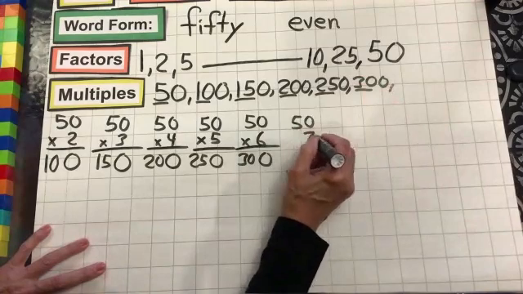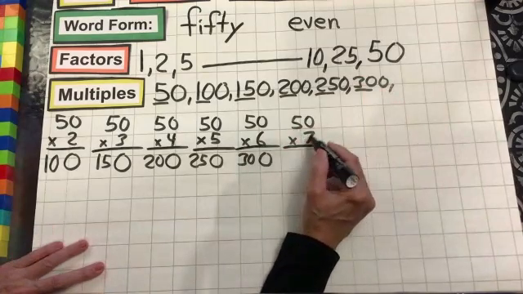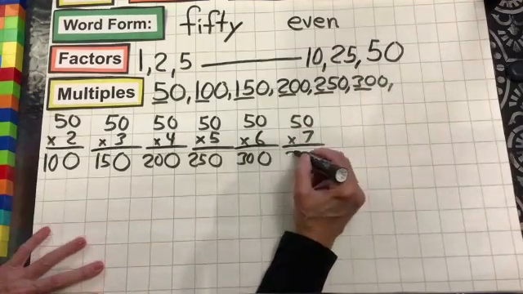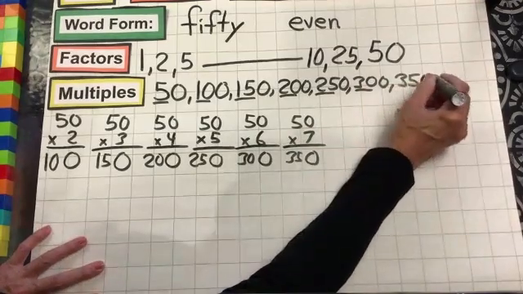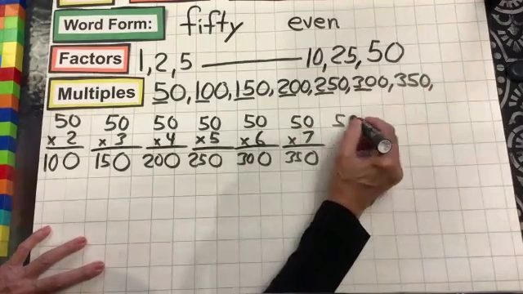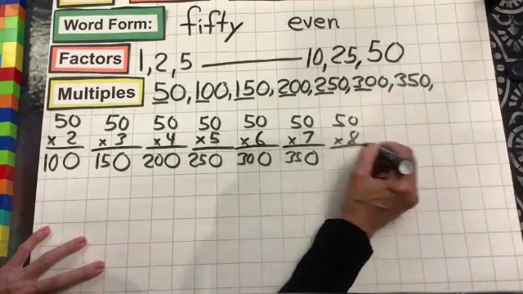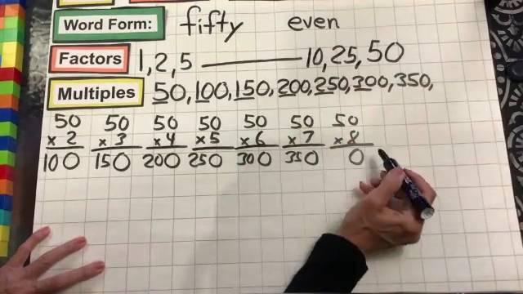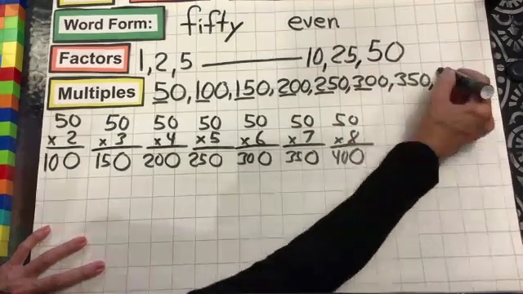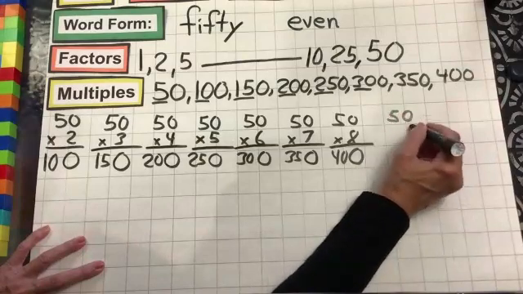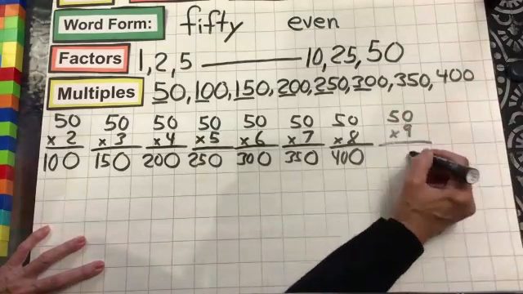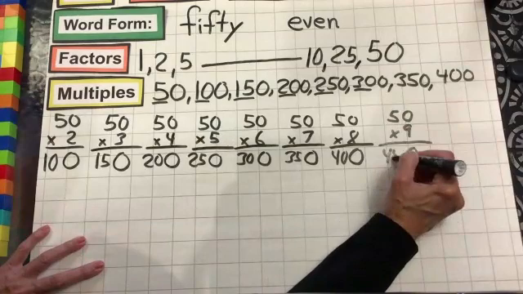7 50s. 7 times 0 is 0. 7 times 5 is 35. 8 50s. 8 times 0 is 0. 8 times 5 is 40. 400. 9 50s. 9 times 0 is 0. 9 times 5 is 45.